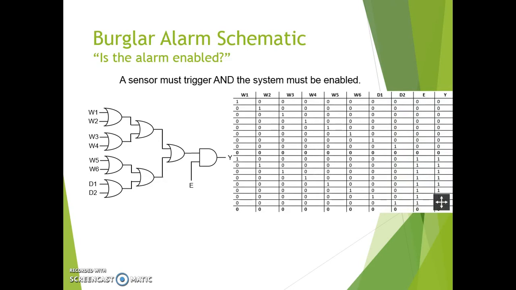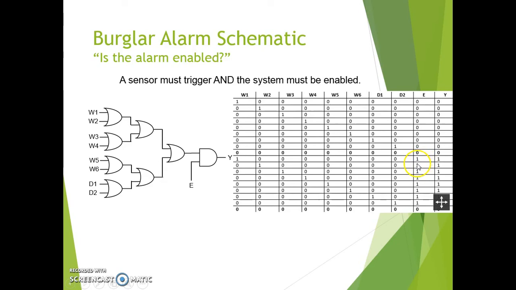And our truth table will look something like this. Now it becomes much more elaborate because we have to consider the logic of whether the alarm is enabled. Notice again, this is our truncated truth table. There's still many possibilities we've ignored because they reproduce the same result. So we can see that in any case, no matter what happens with our sensors, if our system's not enabled, the alarm doesn't go off. Good, we can get into our house.